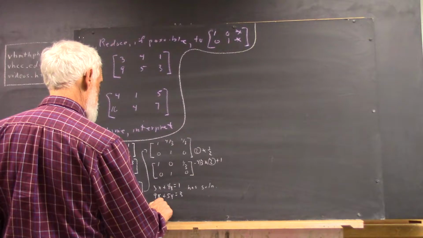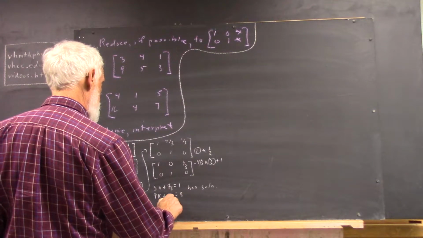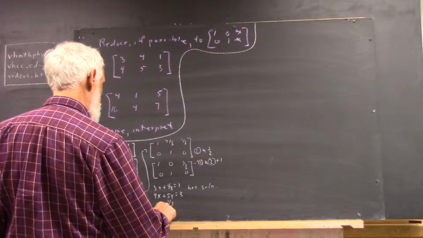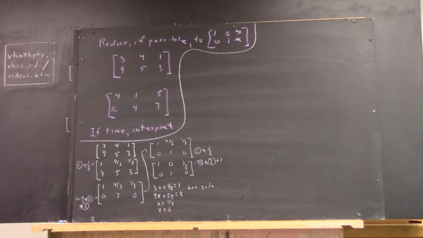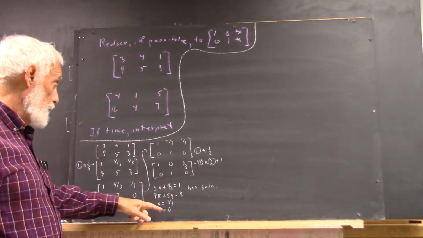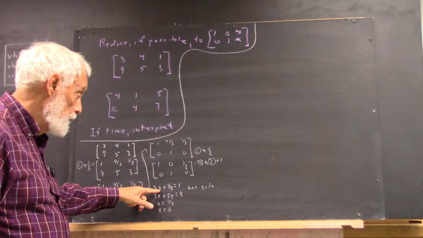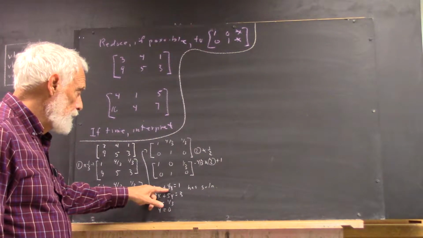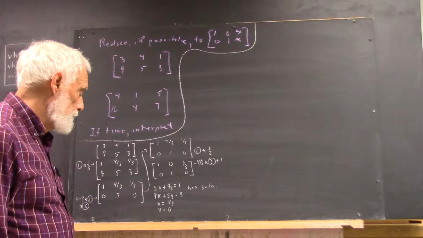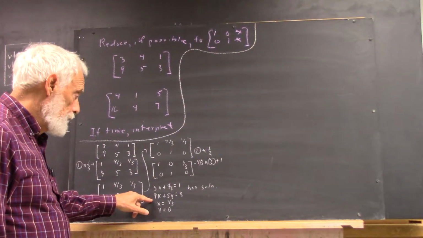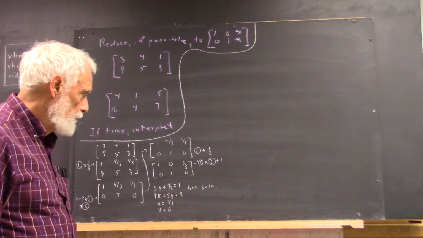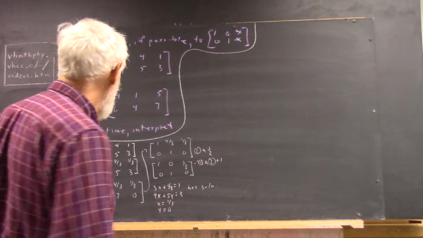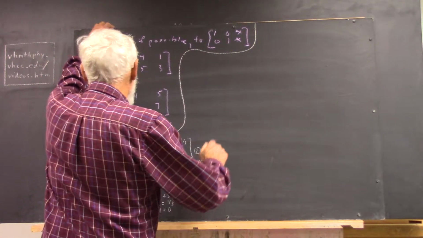And that's going to be x equals 1/3, y equals 0. And you can plug those in and see that that works. If x is 1/3, 3x is 1, y is 0, that's 0, so you get 1 equals 1. 9 times 1/3 is 3. 5 times 0 is 0. 3 and 0 gives you 3. Checks out.